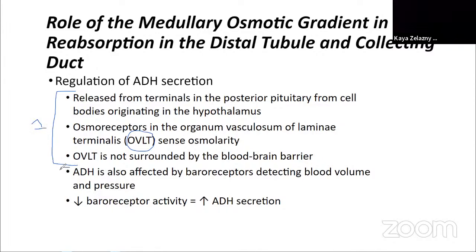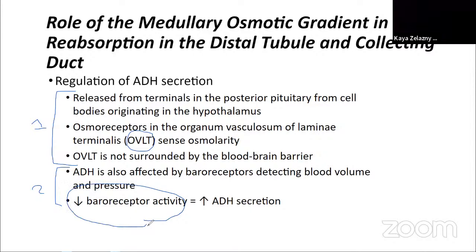There's a second thing we're doing, which is that ADH is also going to be affected by our baroreceptors. So when we were talking about the cardiovascular system, we said that we have baroreceptors that can tell what our blood pressure is and what our blood volume is, basically based on the stretch in the walls of our blood vessels. Okay. So if we have low baroreceptor activity, right?